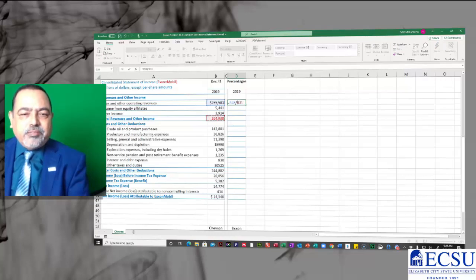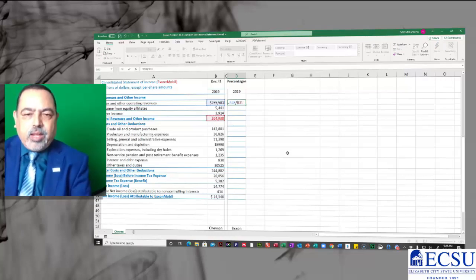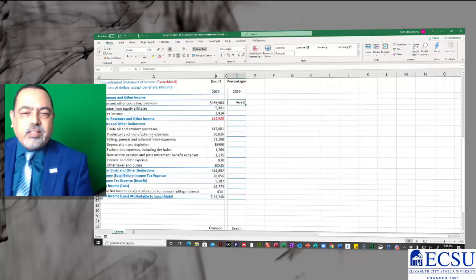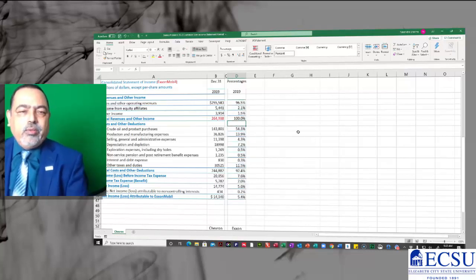Again, the base figure should be made an absolute figure, so you have a dollar sign in front of that. We calculated the percentage, and now I can just drag it down and get these figures. I will delete that 0% because there is no line item across, so I don't need to calculate the percentage.